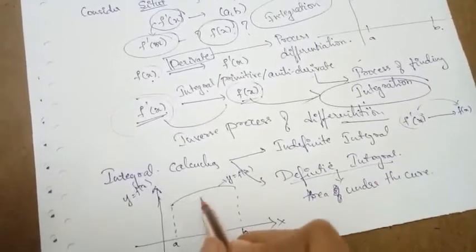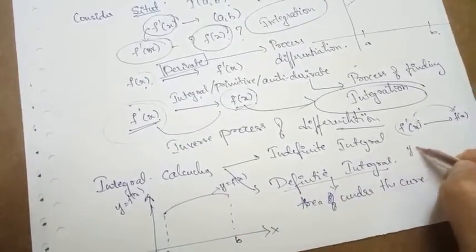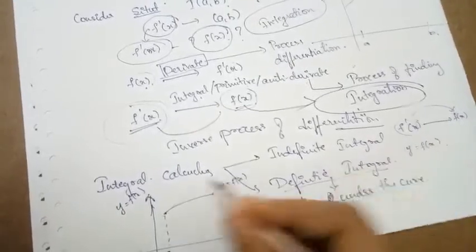So the definite integral of the curve y equals f of x gives us the area under that curve.